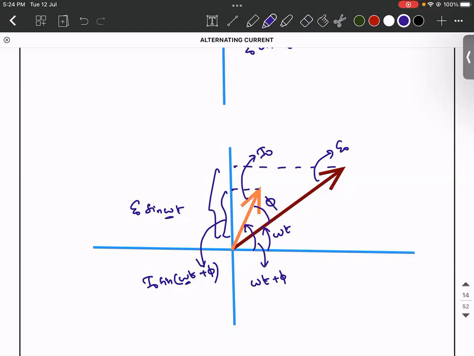So this distance is E naught sine omega t. This one is I naught sine omega. One minute.